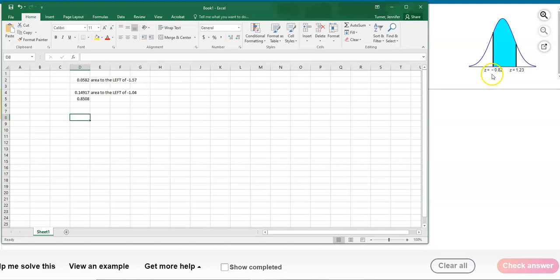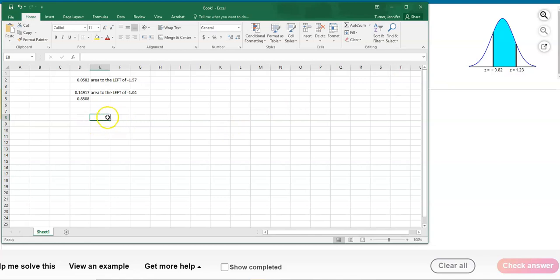Then in a new line, we're going to have to find the area of the negative 0.82, which is the area from here and all the way to the left. And then we're going to subtract the two. Basically this big area here from 1.23 and to the left, and then subtract off this section here that we didn't want, which is the part less than negative 0.82.